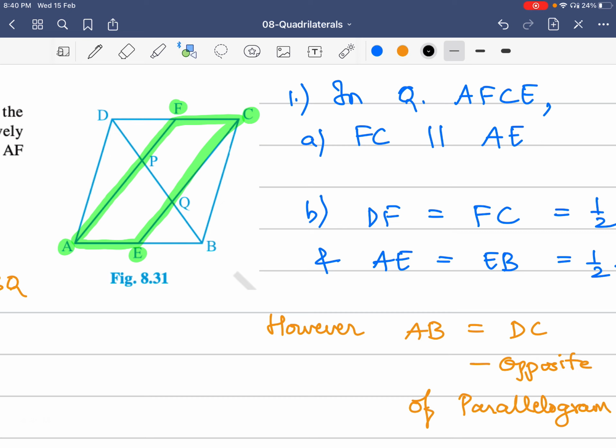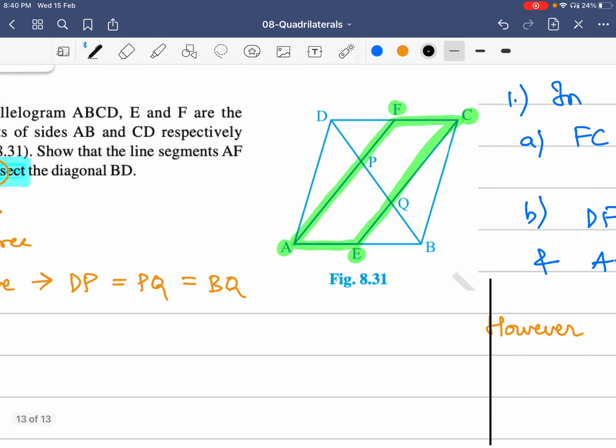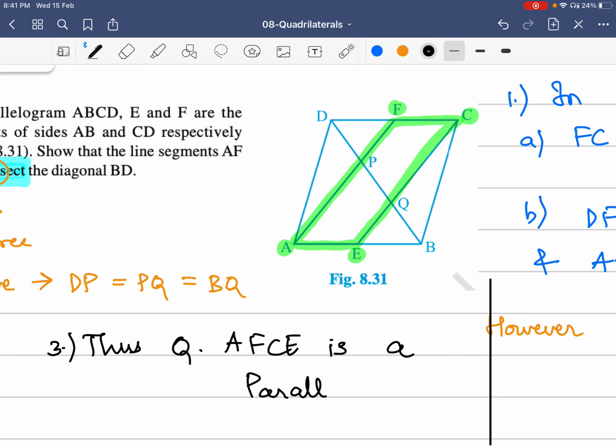So I am just going to draw a line here. Let this be point number 3. Thus, quadrilateral AFCE is a parallelogram. This is an important conclusion in our proof.